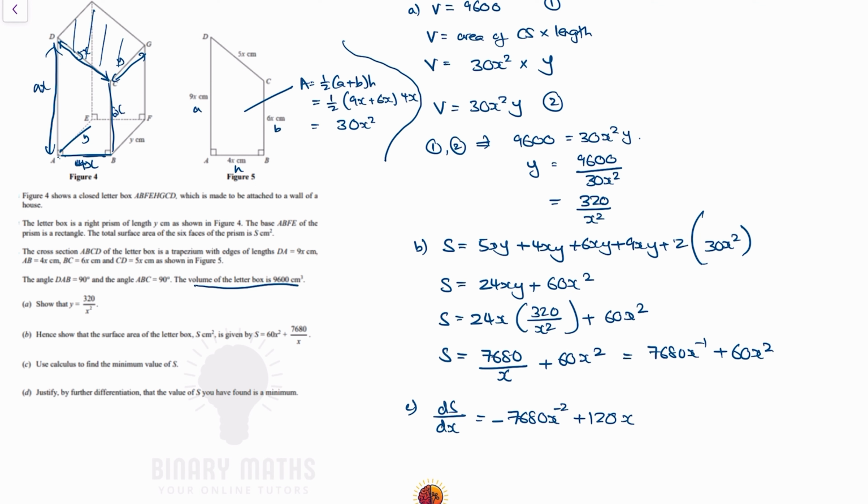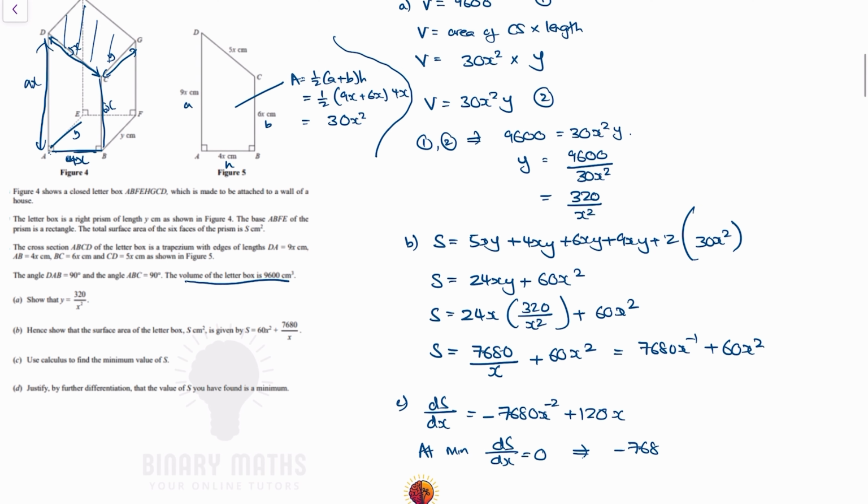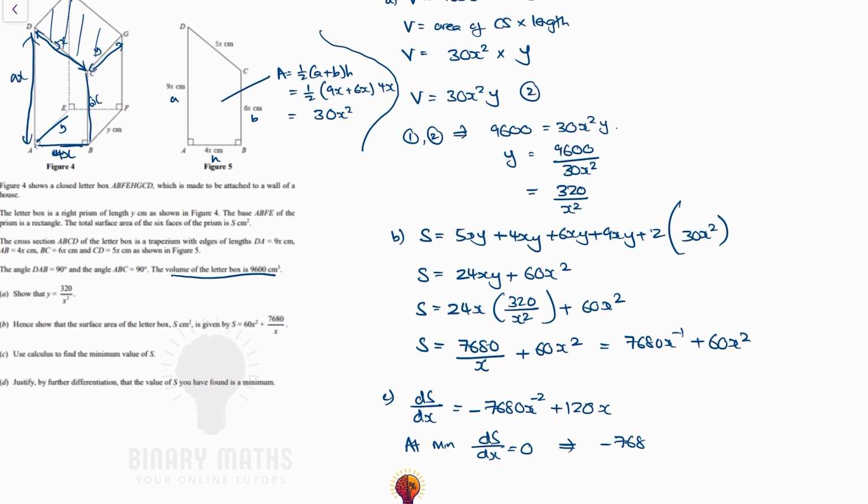At the minimum value, dS/dx is equal to 0, which implies minus 7680 over x squared plus 120x is equal to 0.